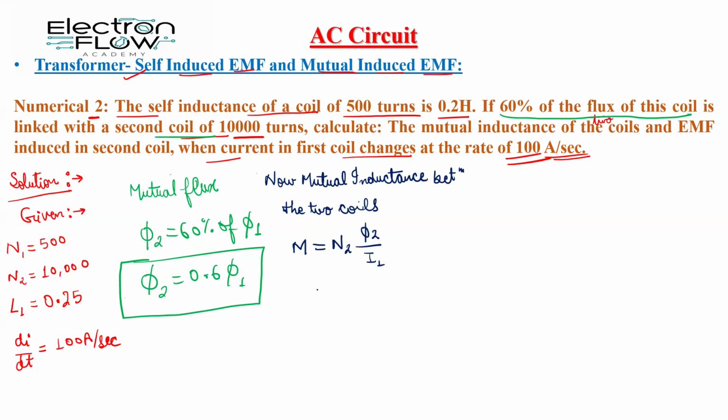Here we can rewrite phi 2 as 0.6 times phi 1, so M is equal to N2 times 0.6 phi 1 divided by I1.